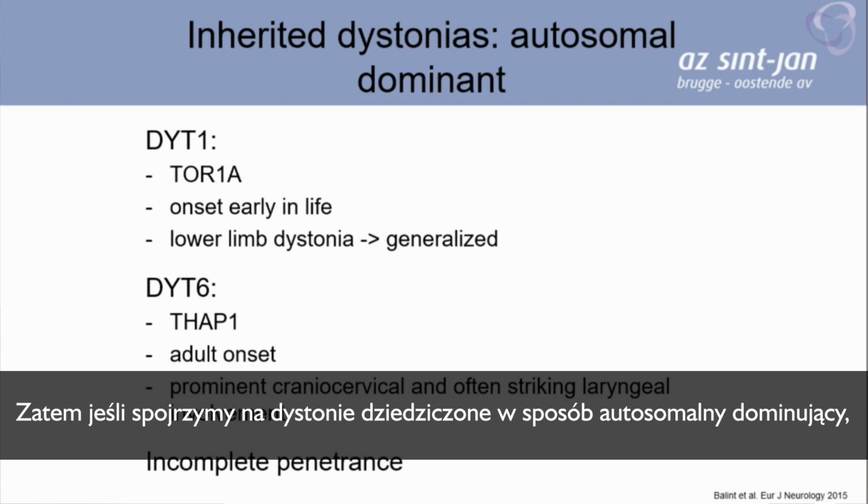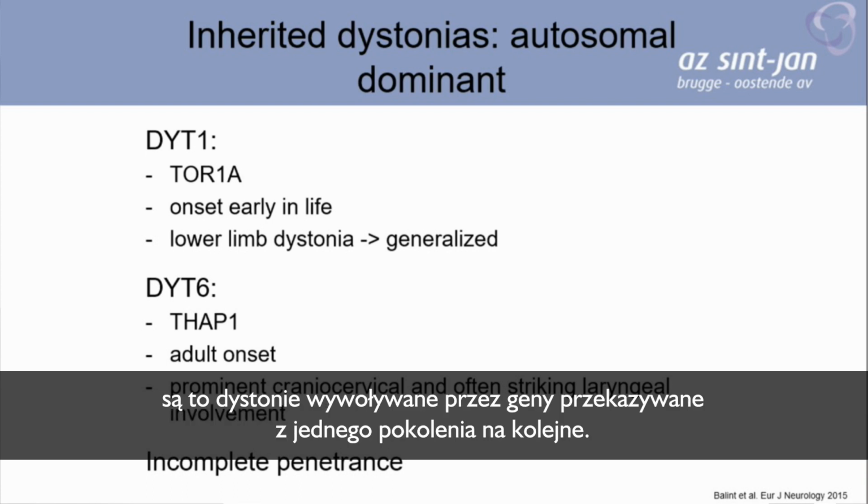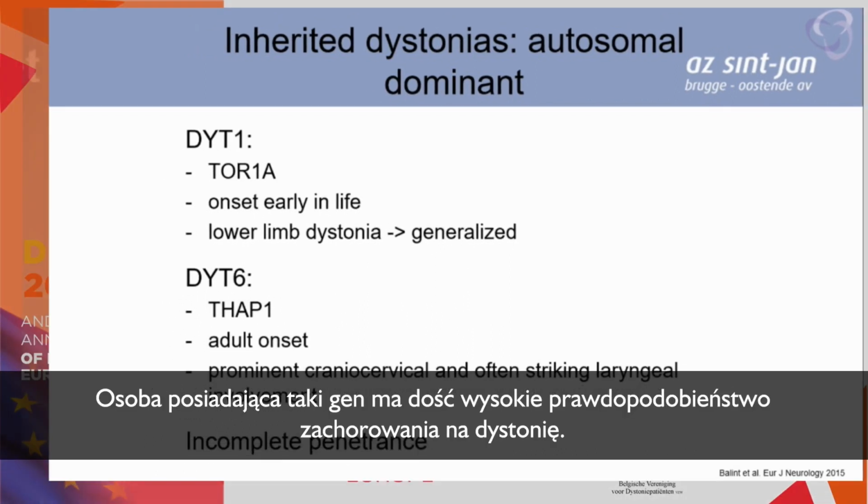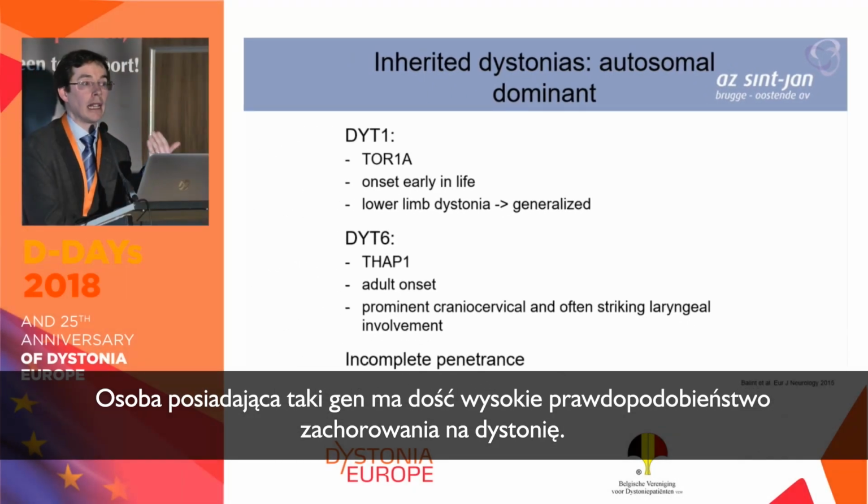So if we look at the autosomal dominant dystonias, these are dystonias that are caused by genes that are transferred from one generation to the next, and where if you have the gene, you have a quite high likelihood of developing a dystonia.